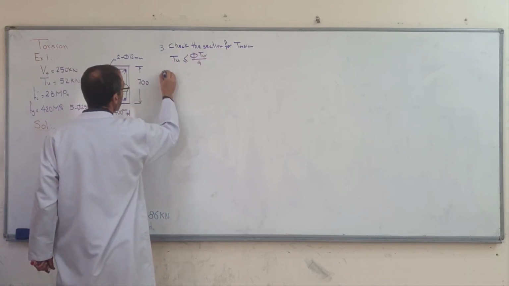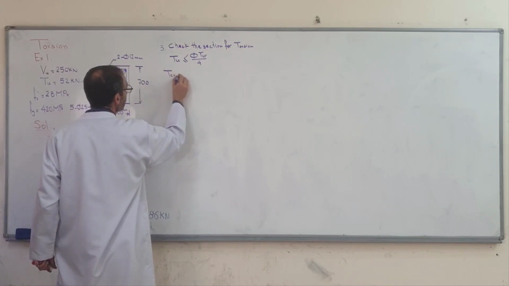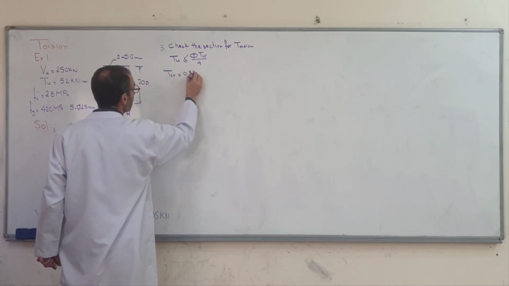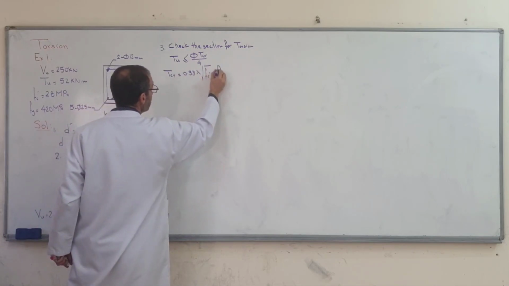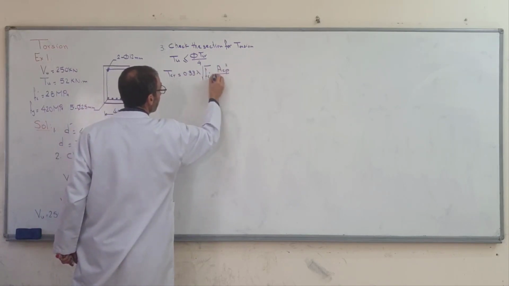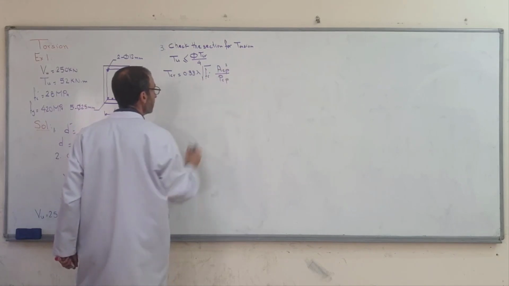T crack equals 0.33 lambda square root of f'c times Acp squared over Pcp.